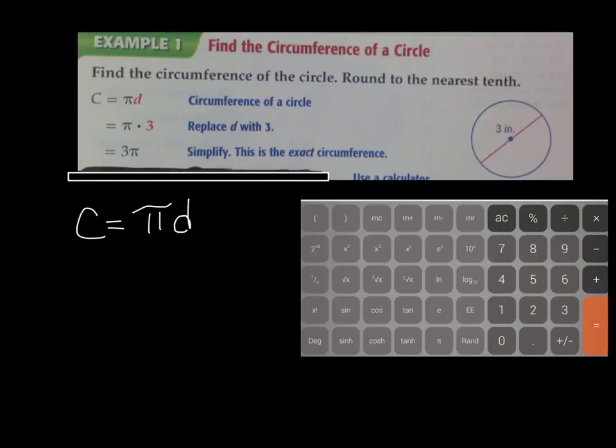So I used the calculator on my iPad, and you can see right here is the sign for pi. I also went on Google and saw if you just use the Google calculator, they also have a pi sign. So in this case here, I'm going to take pi, okay, right there, and I'm going to multiply it by the diameter. So I see my diameter is 3, so I'm going to take pi times 3 on my calculator.